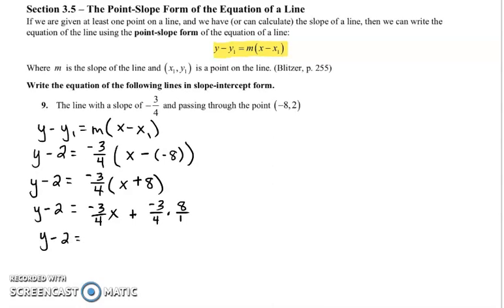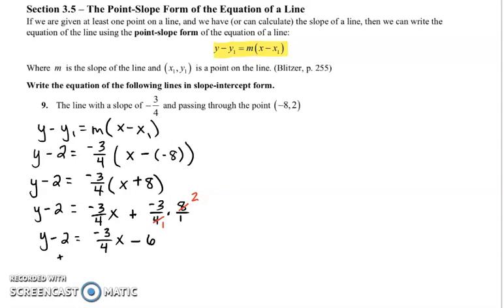So cleaning up on the right-hand side, in other words, multiplying the -3/4 and the 8, 4 goes into 8 twice, so we can cancel there. And so that leaves us with -3/4 x minus 6.